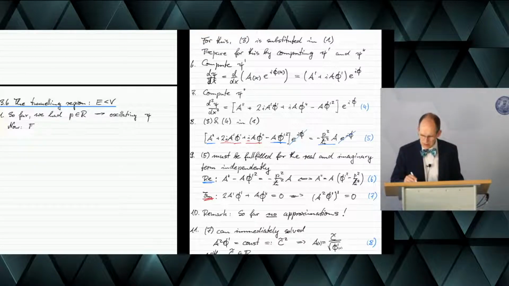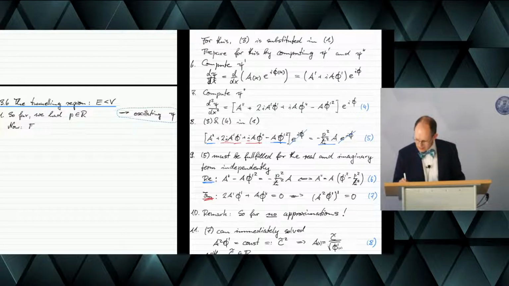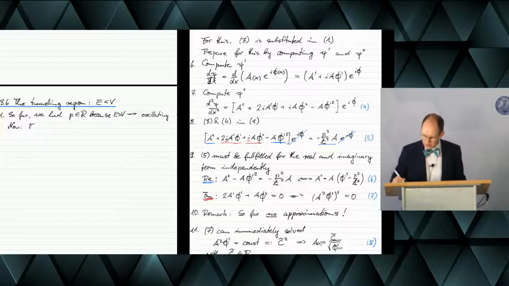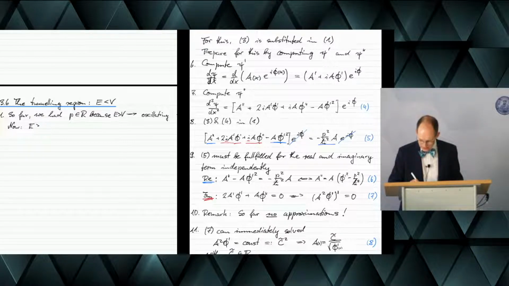Perhaps I should write this a little bit more detailed. We had P element of R because E is larger than V, right? Now we have E is smaller than V, and this means P is imaginary.